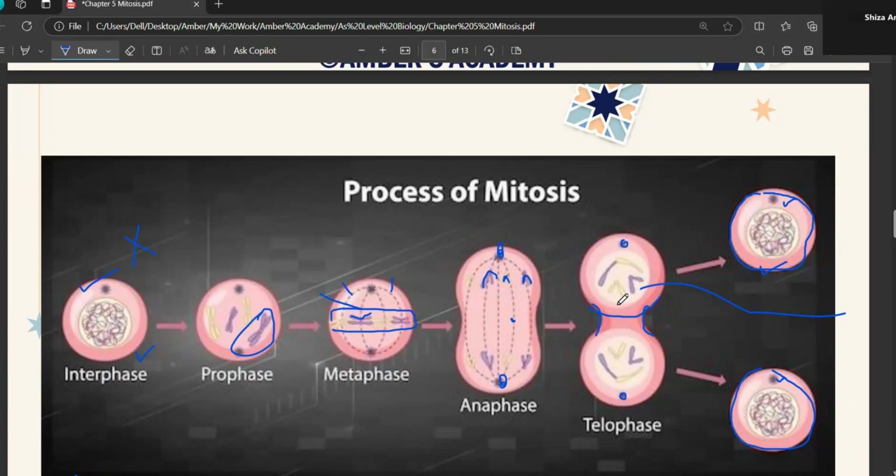So cytokinesis is basically the splitting mechanism of the cytoplasm, from which we say that your daughter cells have been formed, which marks the completion of your cell cycle.